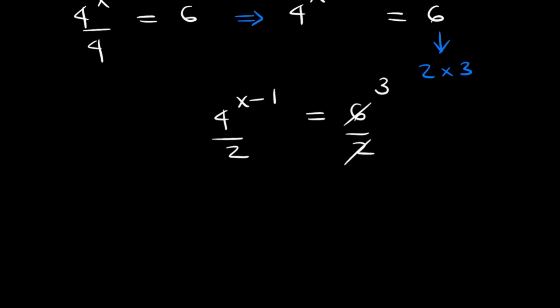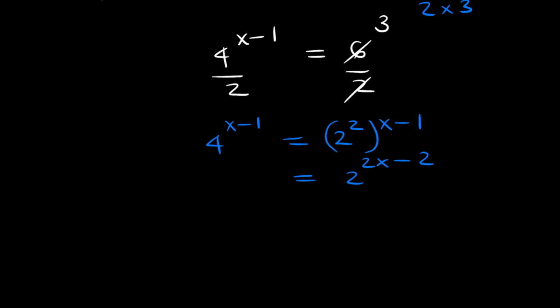But on the left hand side, I can express 4 raised to power x minus 1 as 2 raised to power 2 raised to power x minus 1, which will give me 2 raised to power 2x minus 2.